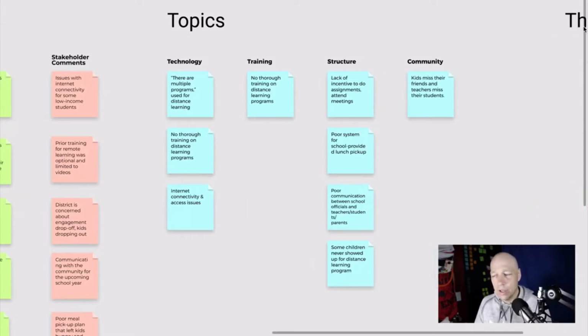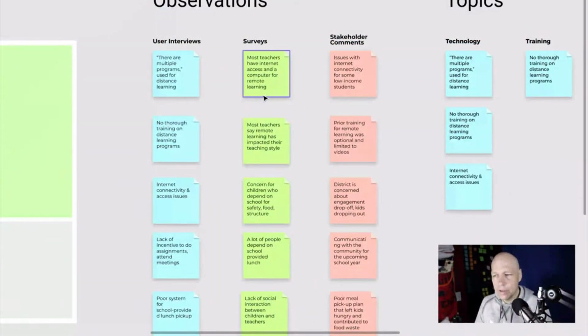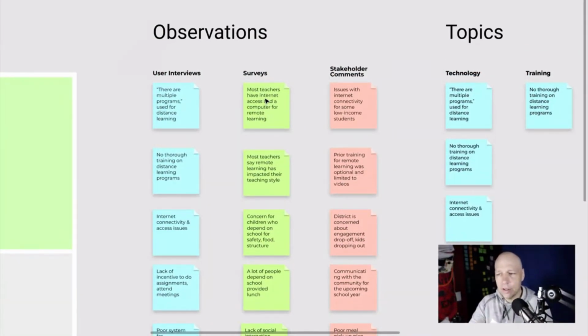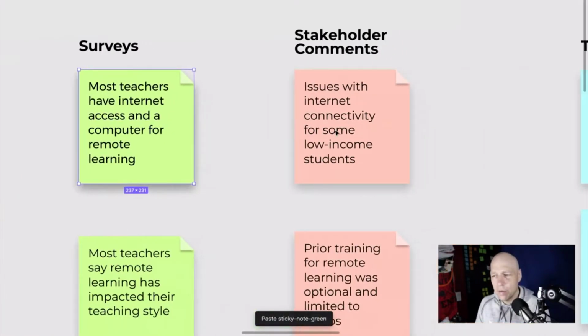All right. Now I probably just need to keep moving themes over because we haven't even gotten into these issues yet. So let's go ahead and look at these. Most teachers have internet access and a computer for remote learning. Okay.